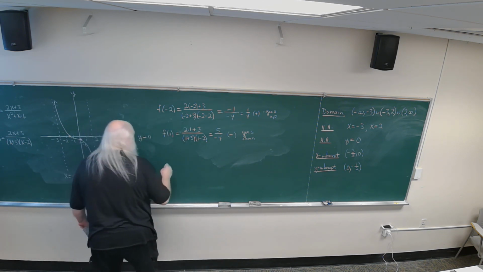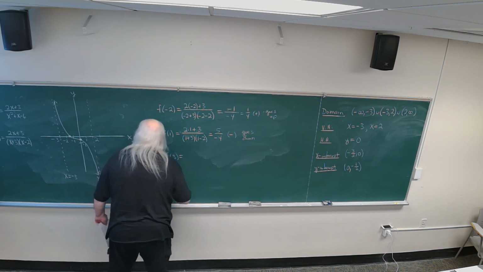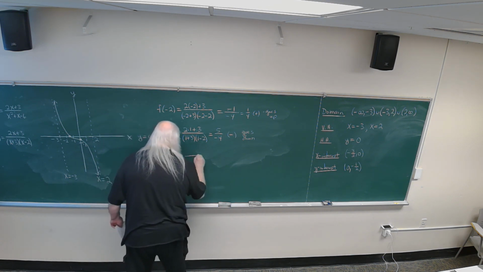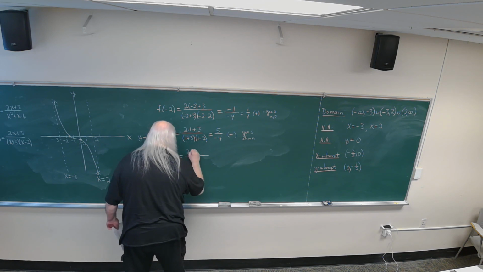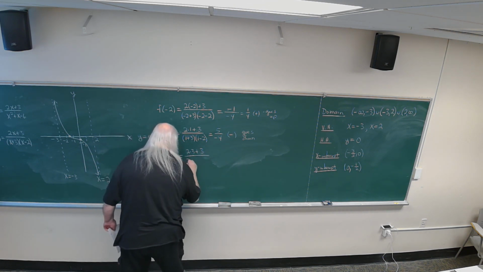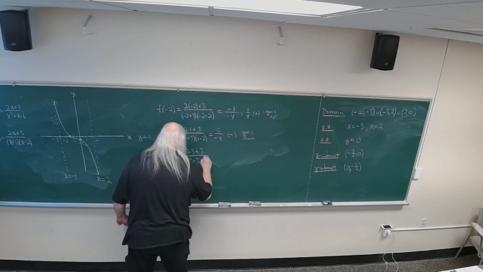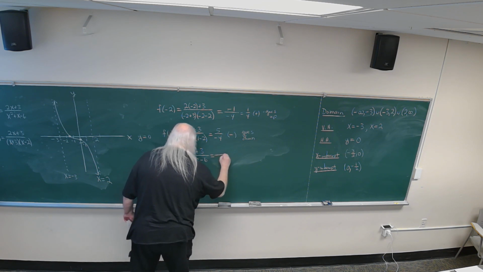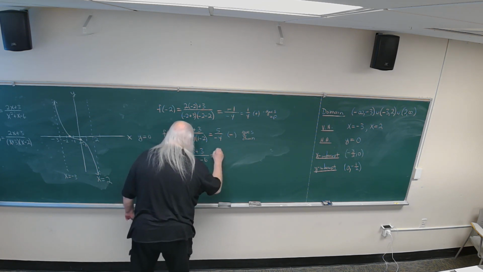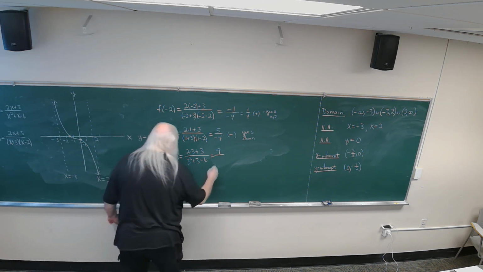So when we evaluate the function at x equals 3, you have f of 3 is equal to 2 times 3 plus 3 over 3 squared plus 3 minus 6. 2 times 3 plus 3 is 9. 3 squared plus 3 minus 6 is 6.